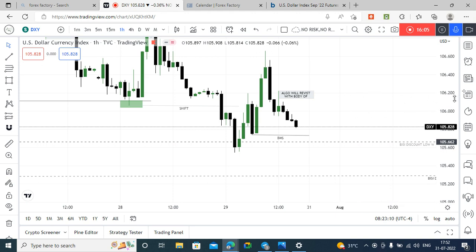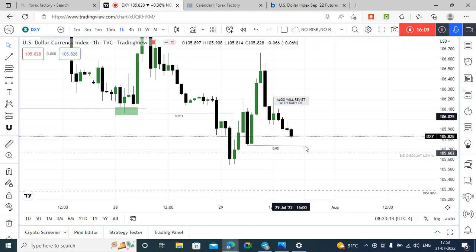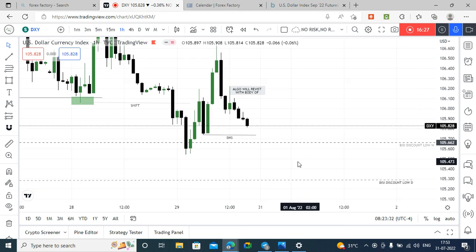That is the zero zero levels. We can expect price to break down structure, and the algorithm will revisit this level with the body of a candle. Okay, and there is a high probability price will move to our next draw on liquidity level, that is the buy side imbalance, sell side inefficiency, discount low.